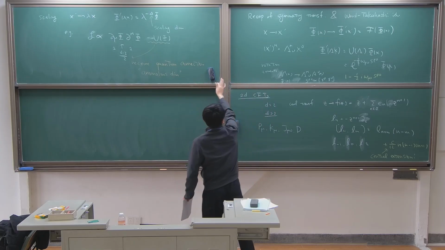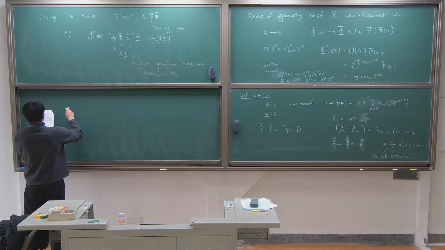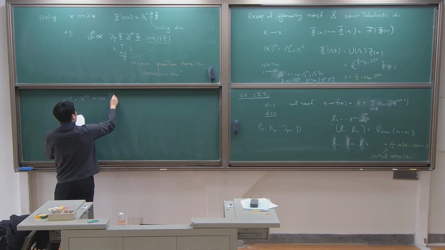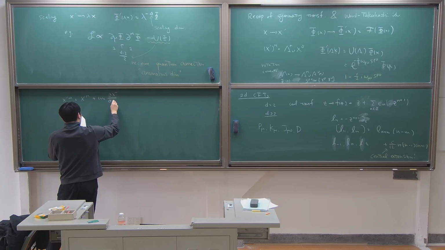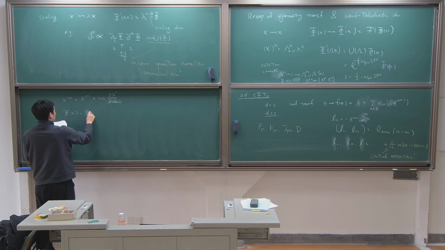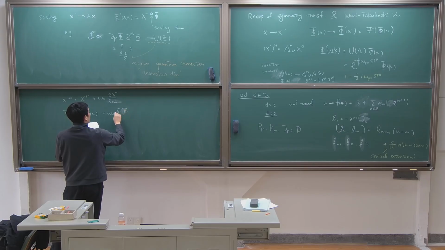One can consider an infinitesimal transformation, x prime equals x mu plus omega a del x mu del omega a, and phi prime of x prime equals phi of x plus f del, like this.